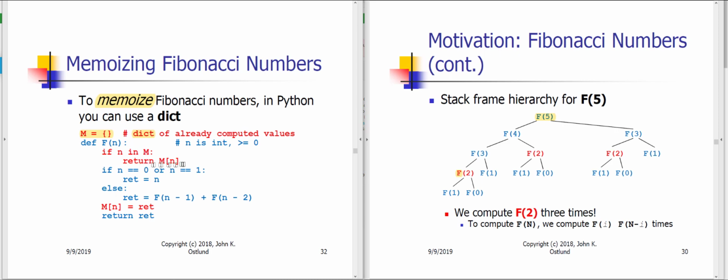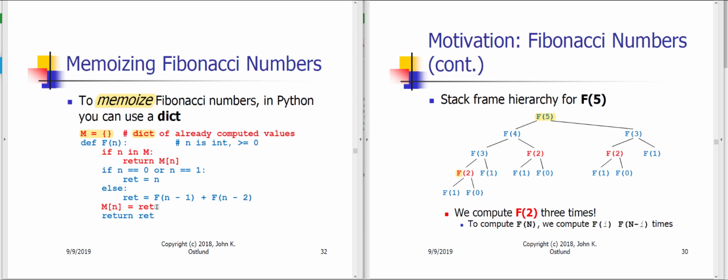If so, we can simply return the value that we had already computed for n. But if n is not already a key in our dictionary, then we'll do our usual recursive call. If n is 0 or 1, we'll set our ret variable to n. Otherwise, we'll set our ret variable to f of n minus 1 plus f of n minus 2.